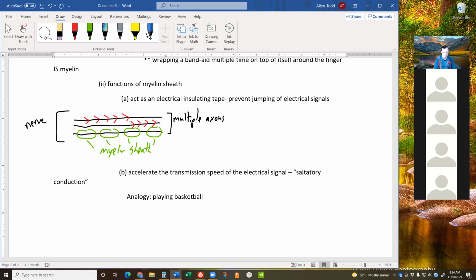Playing basketball. Okay. Dribbling the basketball down the entire court to make the shot. Okay. Dribbling the basketball down the entire court to make the shot is moving the electrical signal down an unmyelinated neuron.